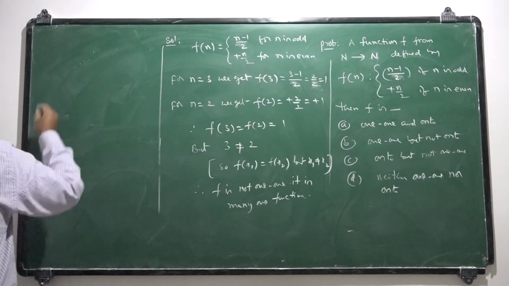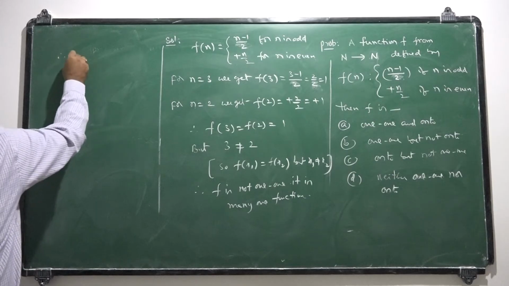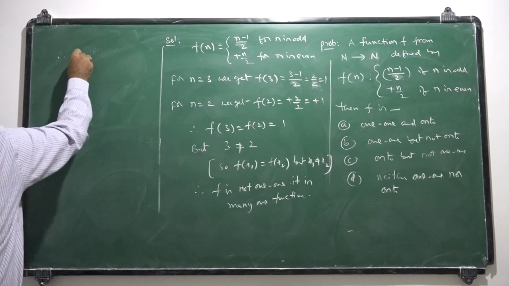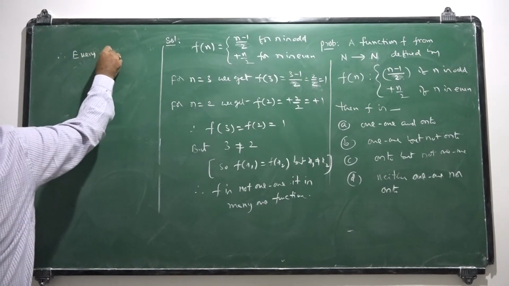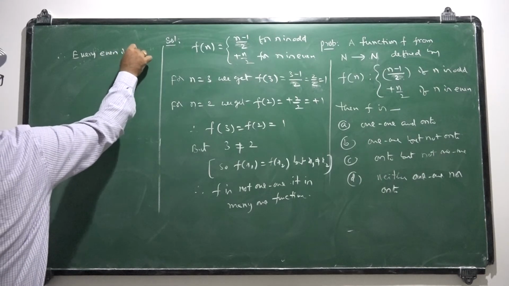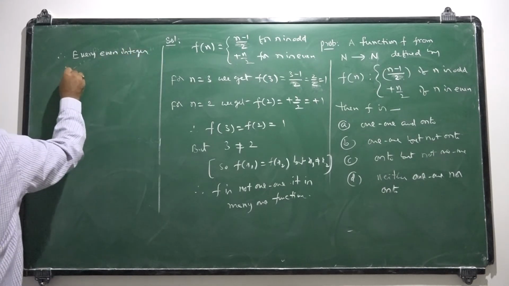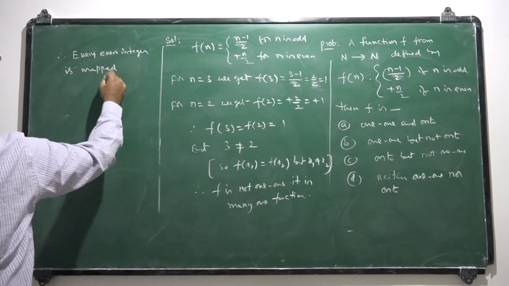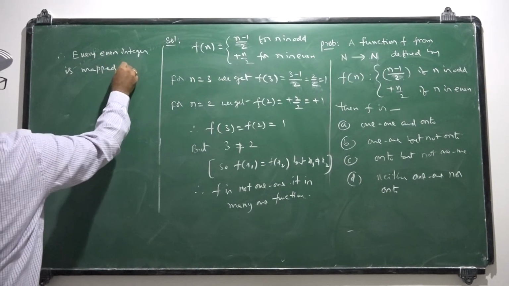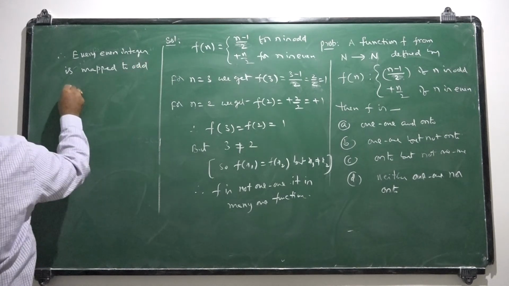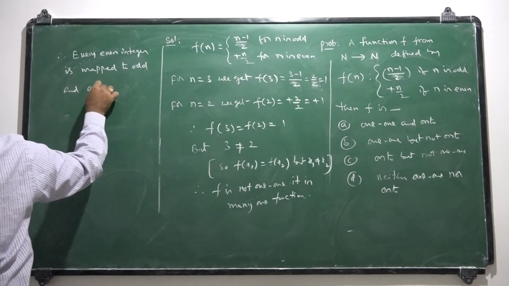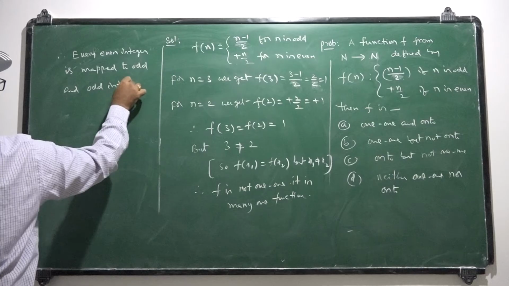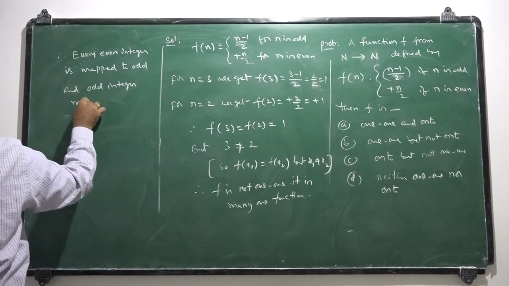So therefore every even integer is mapped to an odd integer, positive integer mapped to odd, and odd integer mapped to even.